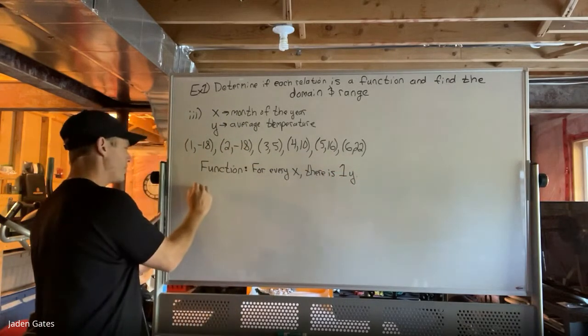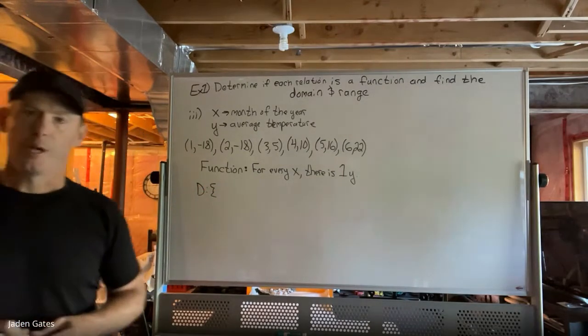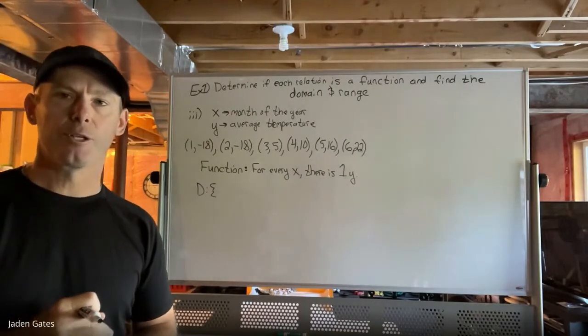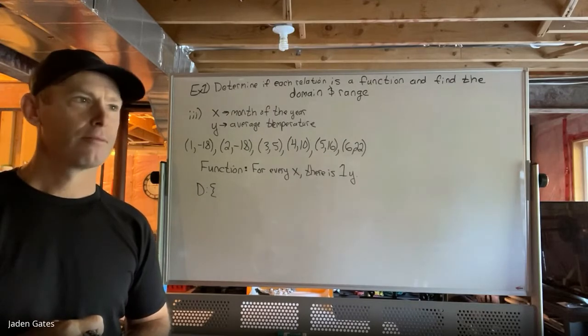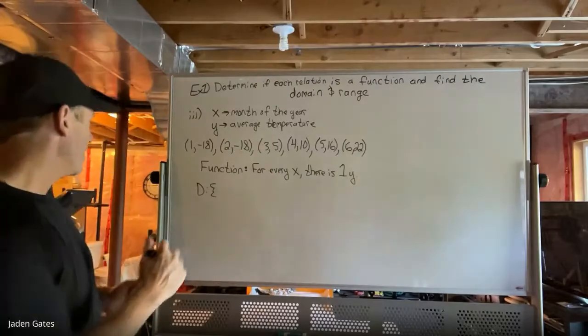All right, so then it's on to the domain and range. Anybody want to help me out with the domain, which again is all the possible x values? I can help out. Sure, thanks. So would it just be like 1, 2, 3, 4, 5, 6? It would be.